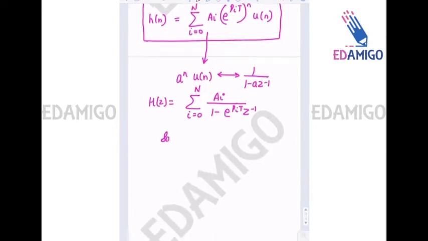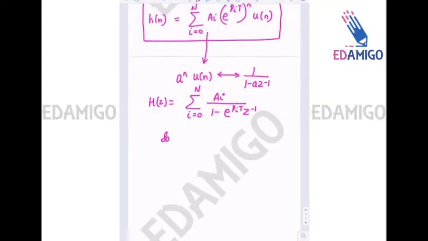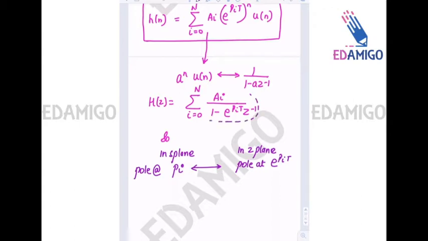So we can say that in the S plane, a pole at p_i will convert into a pole at e to power p_i T in the Z plane.